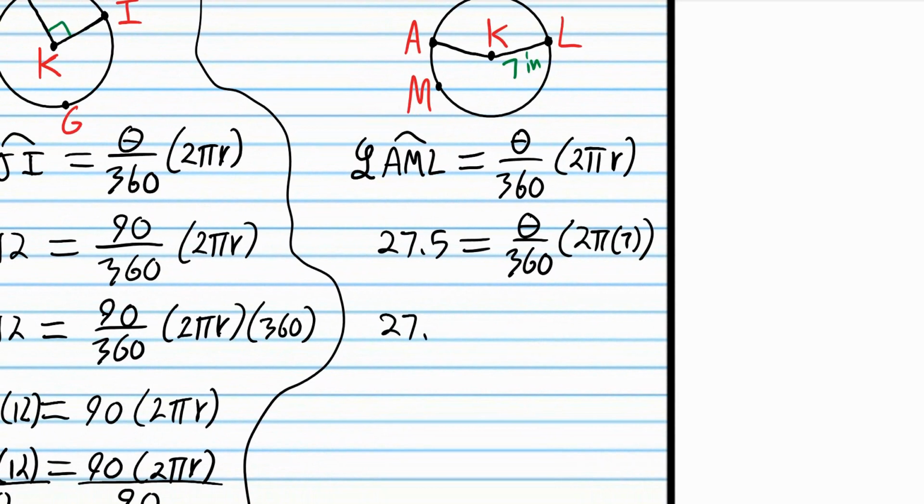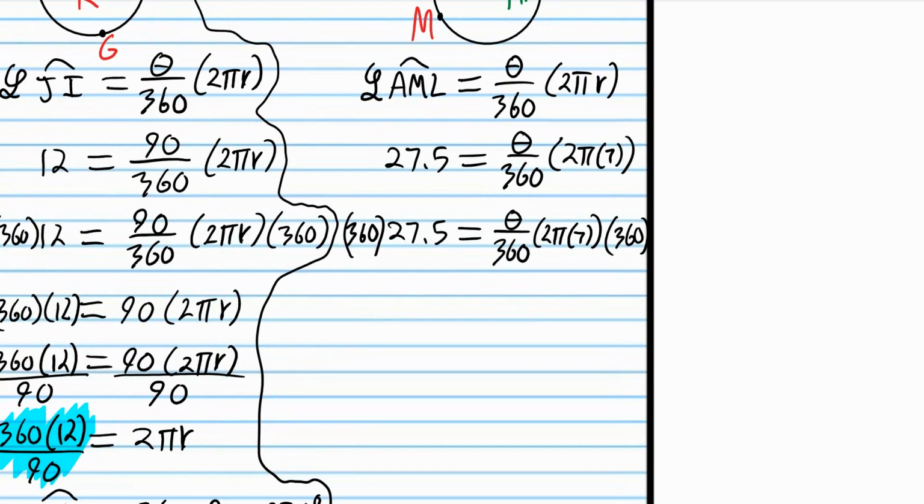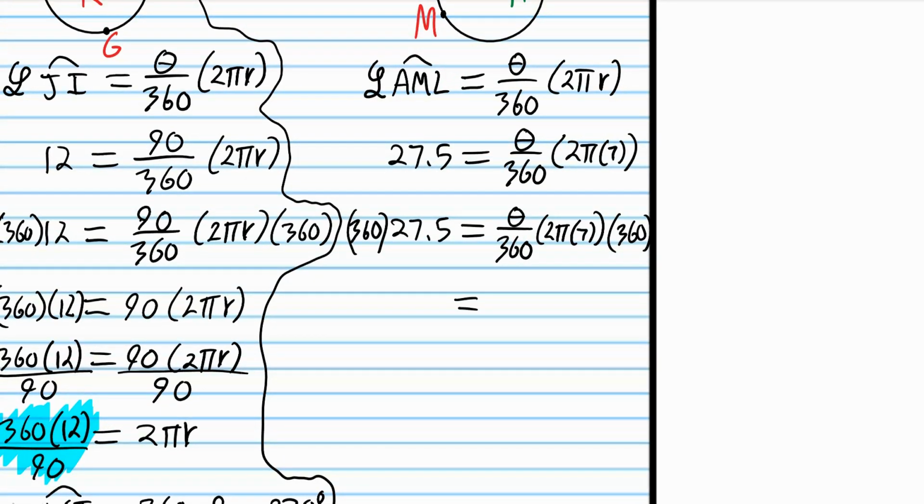So again, you can just do this math in your calculator if you know how to do the algebra. But if you don't know, you can watch me do all these steps. And we're going to, of course, multiply both sides by 360. And let me make a little more room here. And that cancels out the 360, so we get theta times 2 pi times 7 equals whatever 360 times 27.5 is.